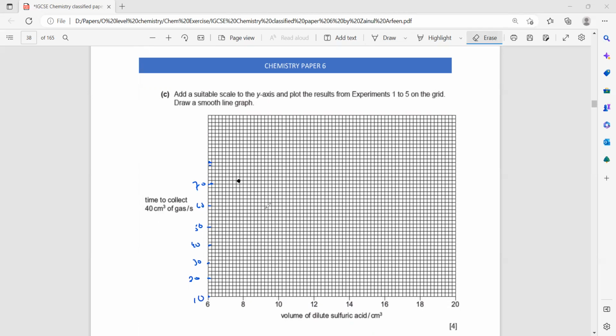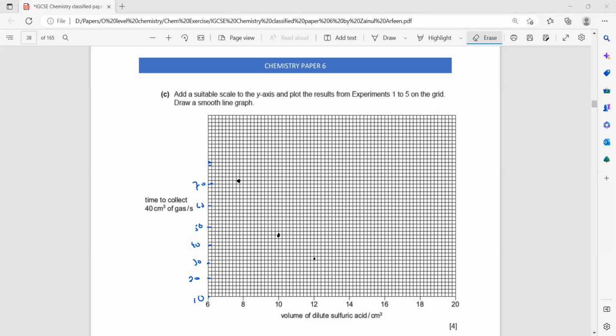I'll roughly sketch. The second experiment, it was 45. The third experiment, it was 33. The fourth, I'm just sketching because the time is short, so I will just sketch.